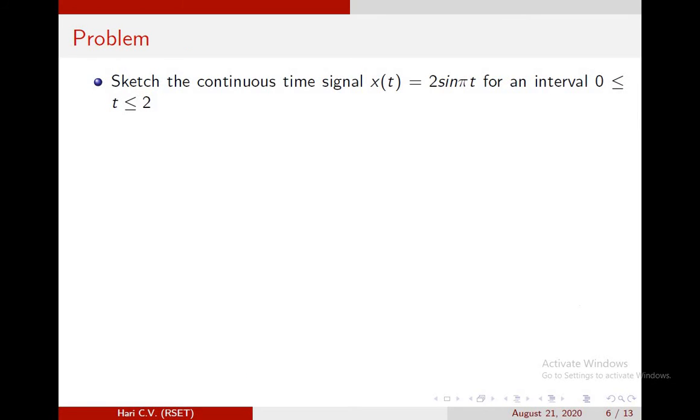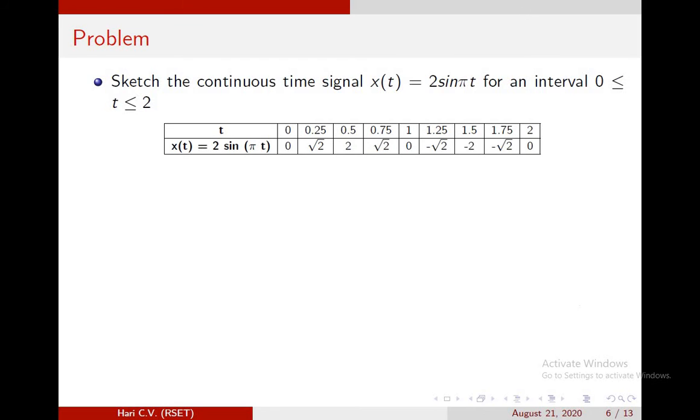Now we will see a problem. Sketch the continuous time signal x of t is equal to 2 sin pi t for an interval 0 less than or equal to t less than or equal to 2. So take the values of t between 0 and 2: 0, 0.25, 0.5, 0.75, 1, 1.25, 1.5, 1.75 and 2.